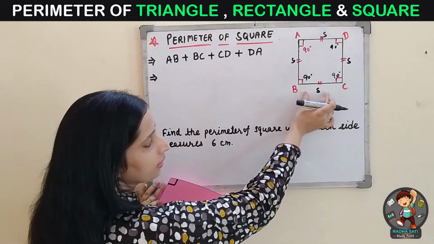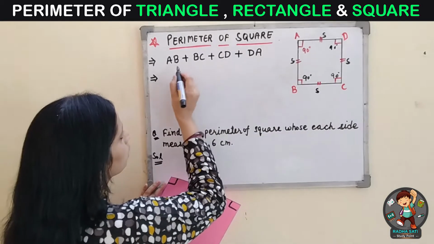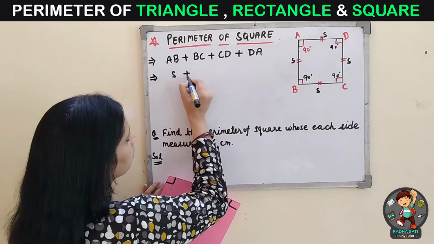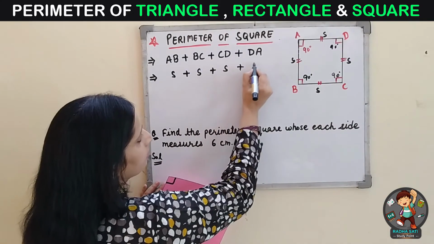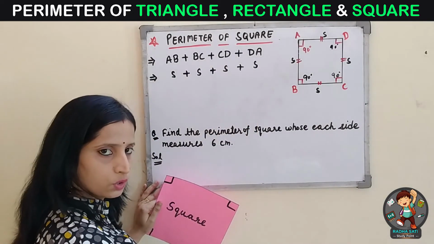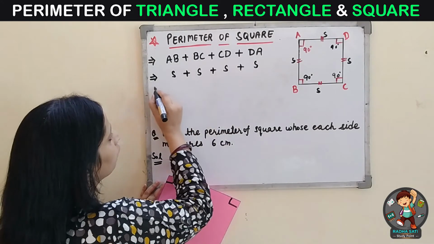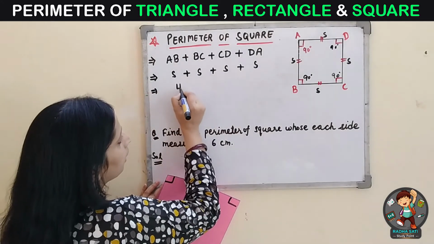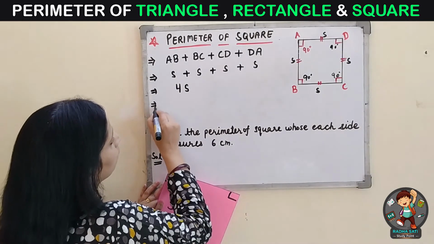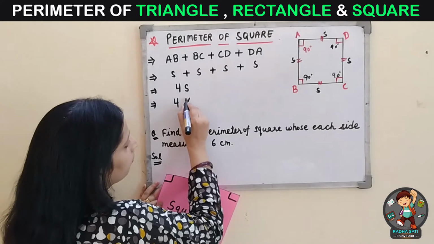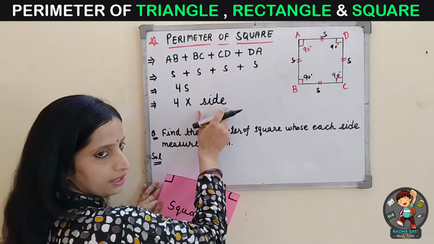It's given that each side is S centimeter. So write S for this, then plus S and plus S. Okay. So S is coming 4 times. 1, 2, 3, 4. So it will be 4 times S. Or we can write 4 multiplied by side. 4 times side.